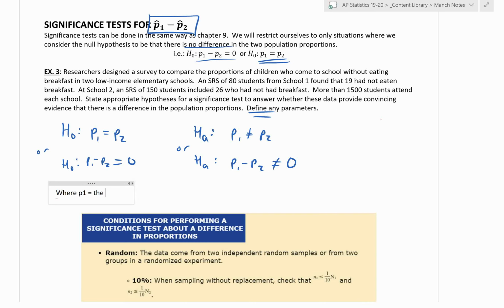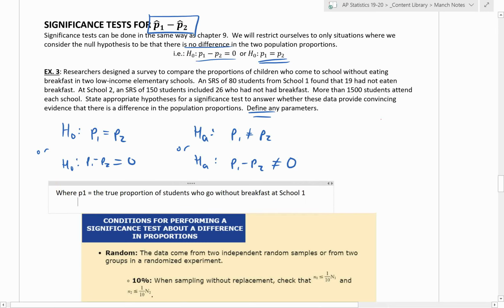So P1 could be the true proportion of students who go without breakfast at school 1. And then we can say P2 is the true proportion of students who go without breakfast at school 2.